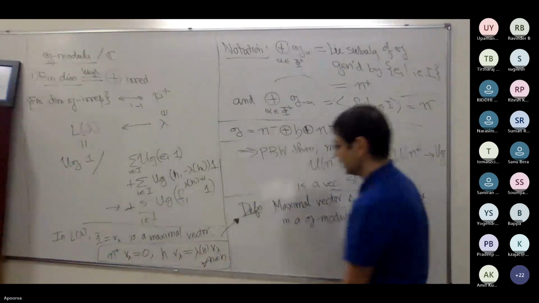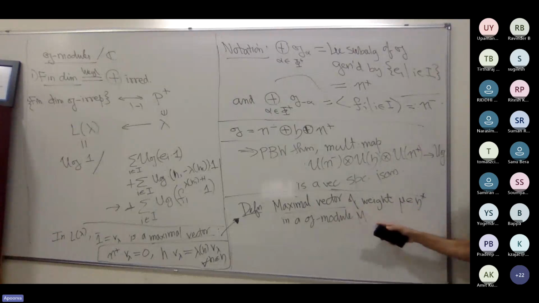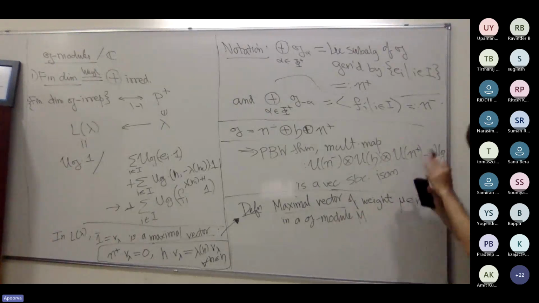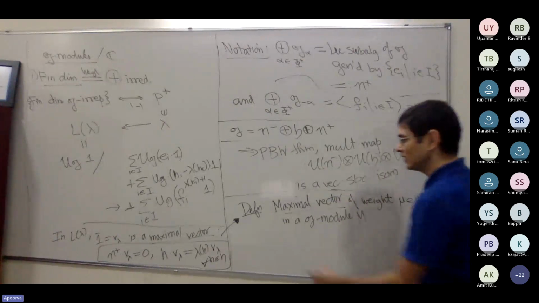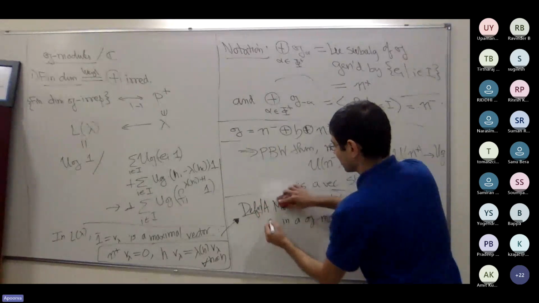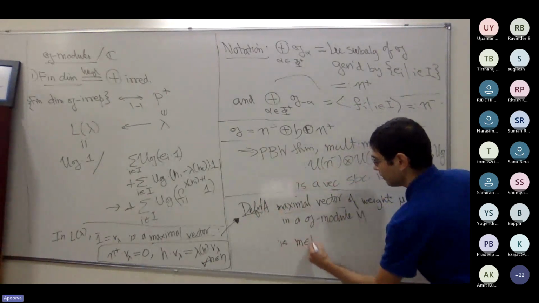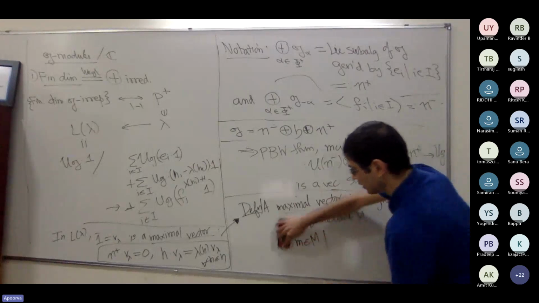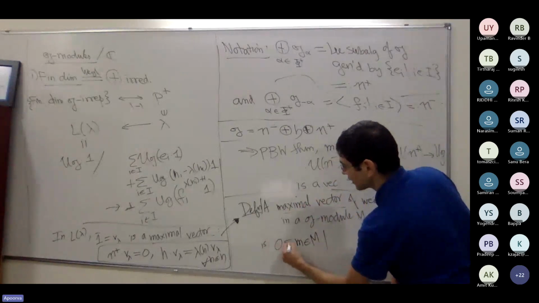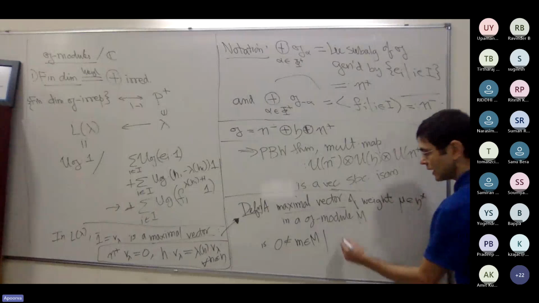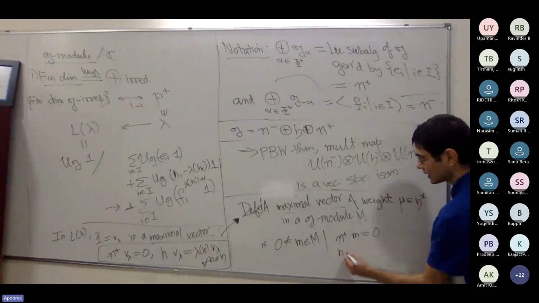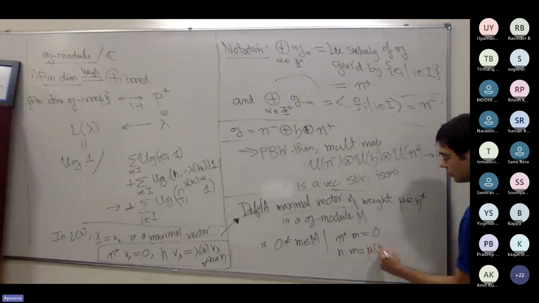A maximal vector of weight mu in any G module M is a non-zero vector m belonging to M such that N plus m equals 0 and h m equals mu of h times m.